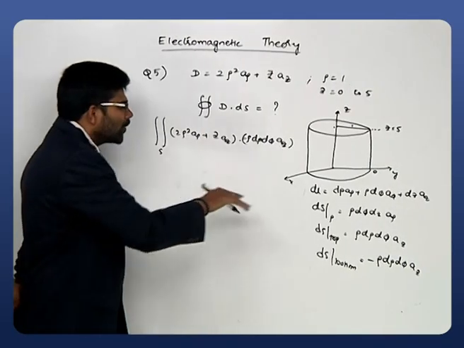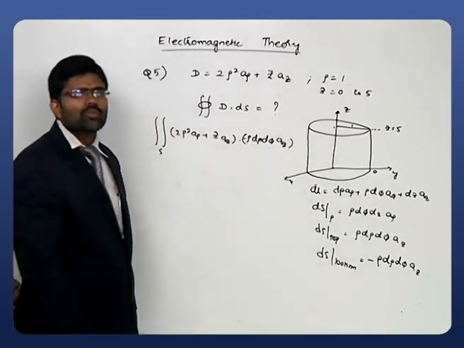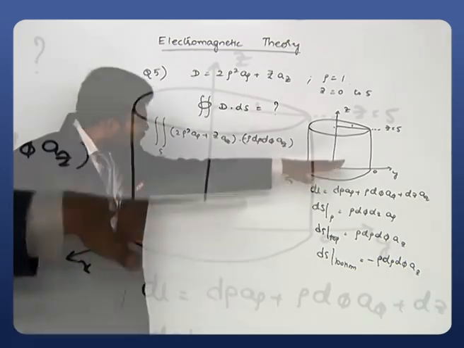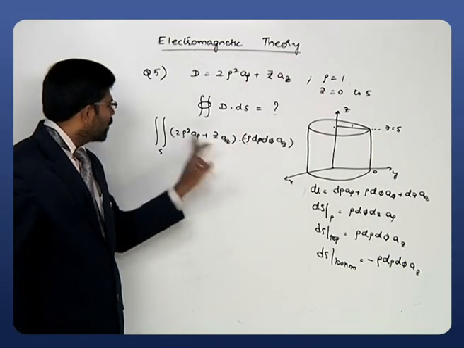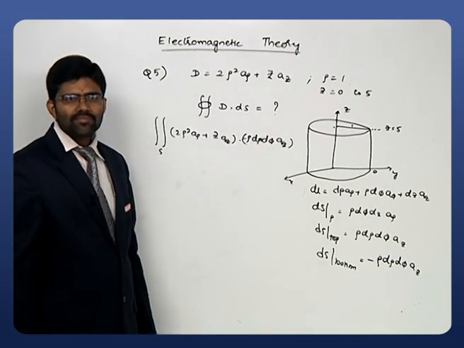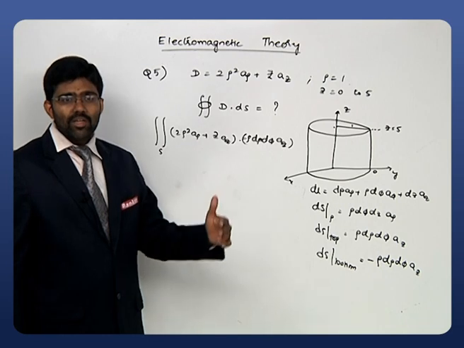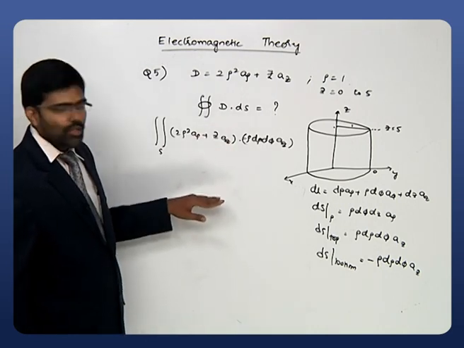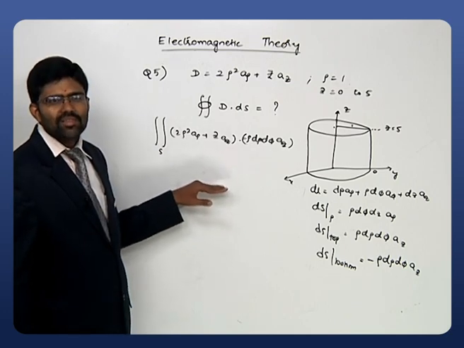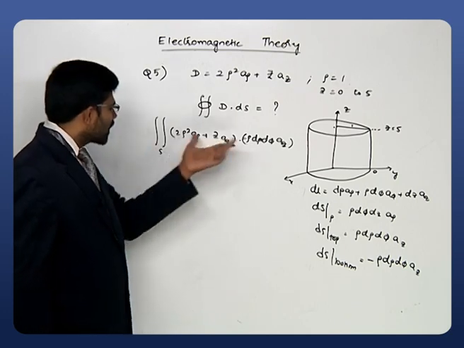Now what is the value of z for the bottom? Z is equal to 0, since the bottom is exactly placed at z equals 0. If you substitute that z value, this entire term vanishes. In the examination, we need to analyze and not go for the calculation of this entire thing, because that may kill our time. What we have to do is just examine this.